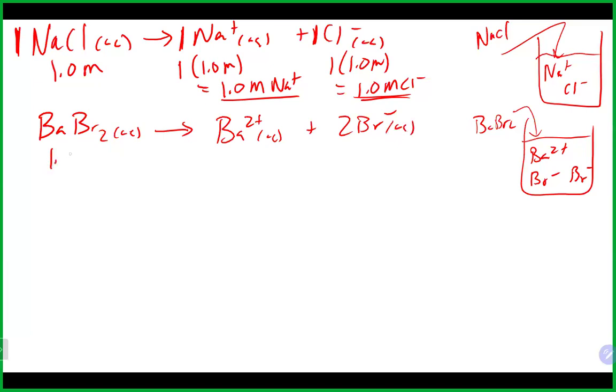And again, if this was 1 molar and we were interested in the concentration of the barium ions, it is a 1-to-1 relationship, which means we would take 1 times our 1 molar, and that would give us 2 molar as our barium ion concentration in this solution.